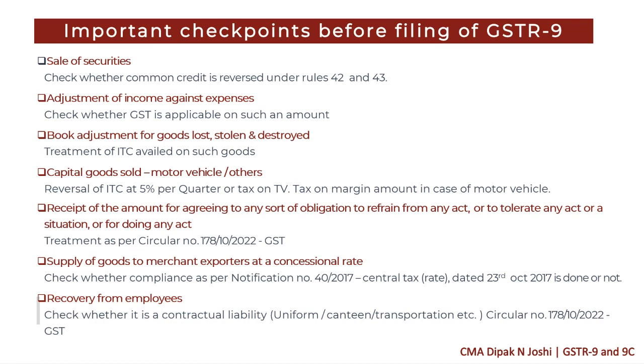Earlier we used to pay GST on liquidated damages, okay, but now it has been clarified that in case of liquidated damages, GST is not payable. So one should consider this important circular before reaching any conclusion when an amount is received on account of an obligation to do an act or refraining from any act.